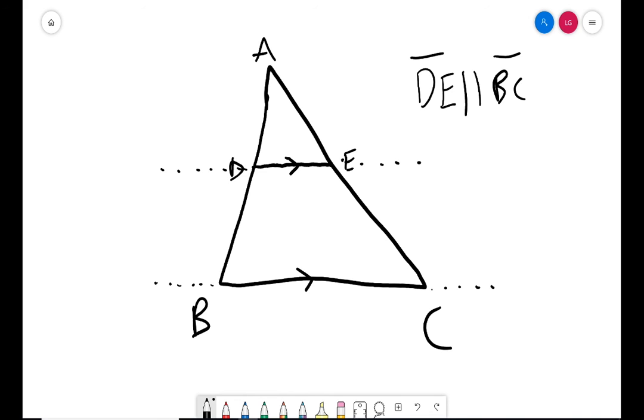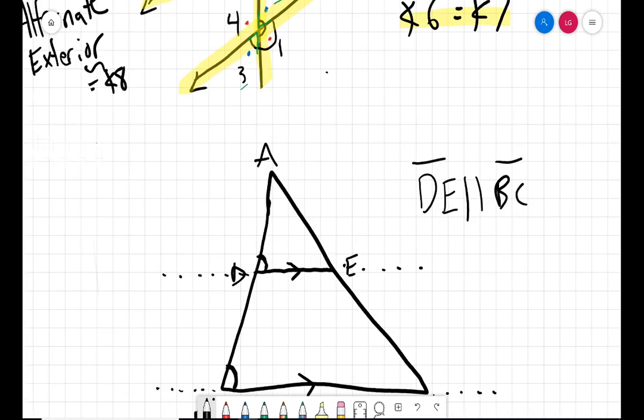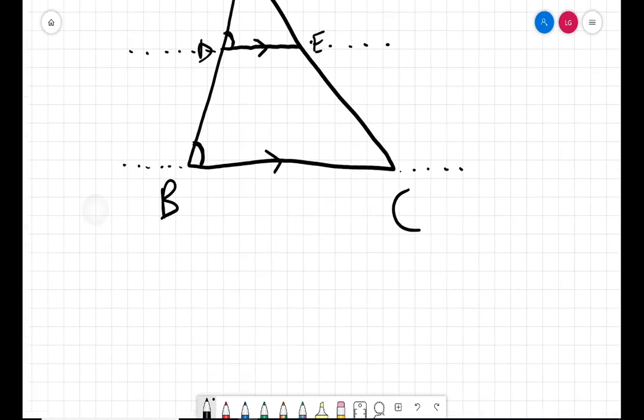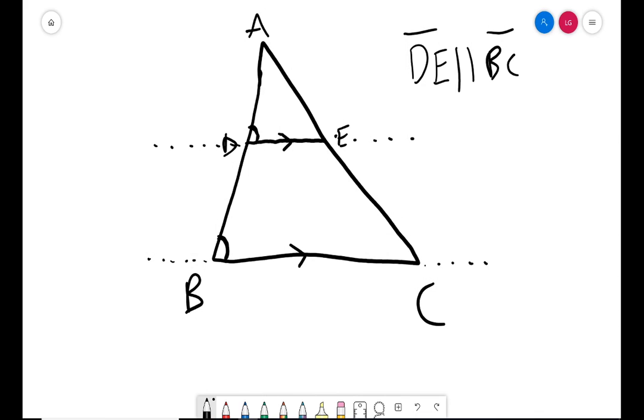So although DE is a segment and not a line, you can imagine it going on, and BC, imagine it going on, and you're in the situation where all of a sudden this angle must be congruent to this angle because they are, what was the name of that? Corresponding angles. Sorry. Terminology is not my strong suit.